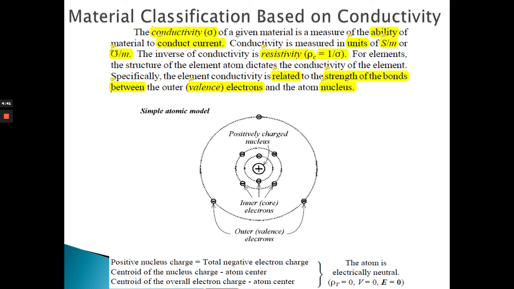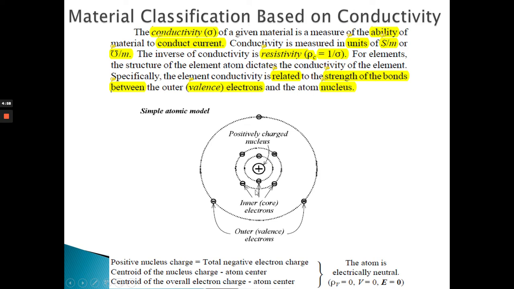So there are many layers of electrons circling around the nucleus, as we know from our chemistry.